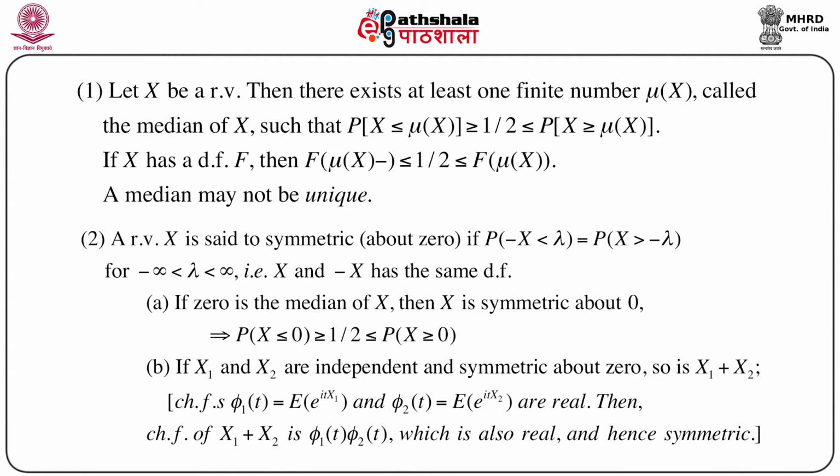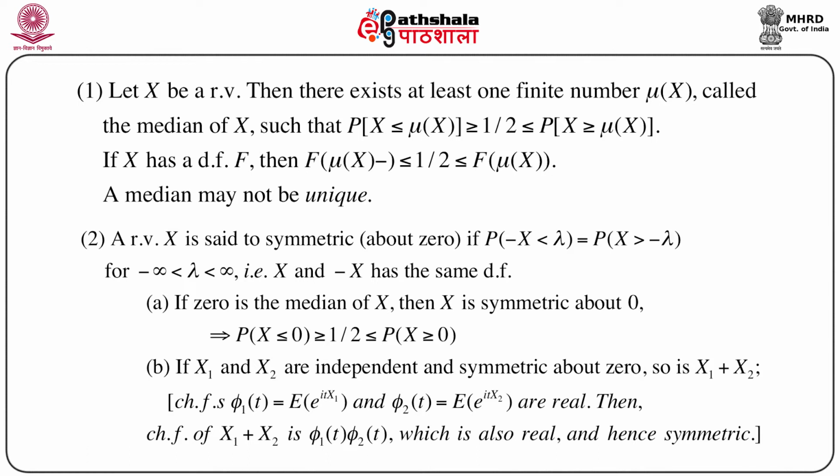This immediately implies that X and minus X have the same distribution function. So we call a random variable X symmetric about 0 if X and minus X have the same distribution function. Now if 0 is the median of X, which means probability X less than or equal to 0 is greater than or equal to half, which is less than or equal to probability X greater than or equal to 0.